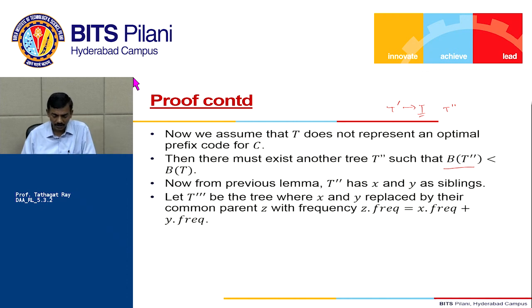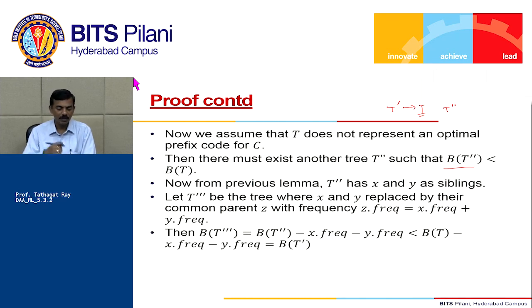Let T triple prime be the tree where, in T double prime, you have x and y as siblings. It is the optimal tree, and its cost is less than the cost of T. Since x and y are siblings, I replace them by a common parent node z with frequency x frequency plus y frequency, and call that tree T triple prime.